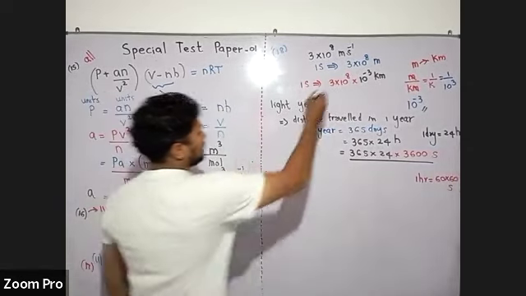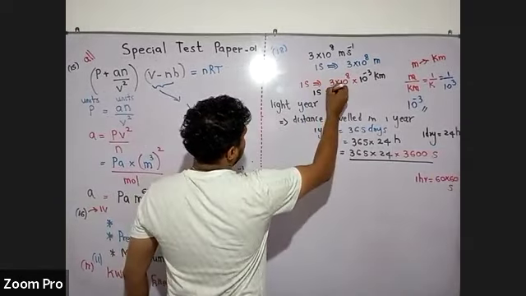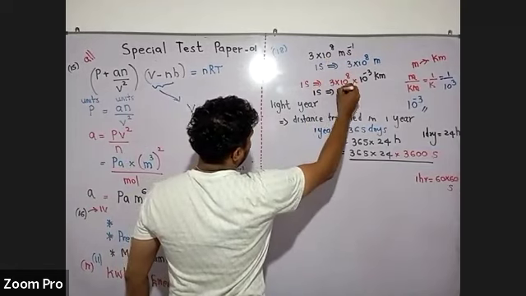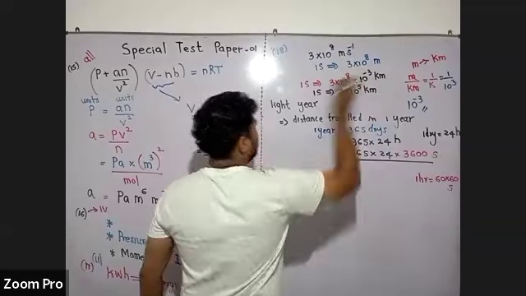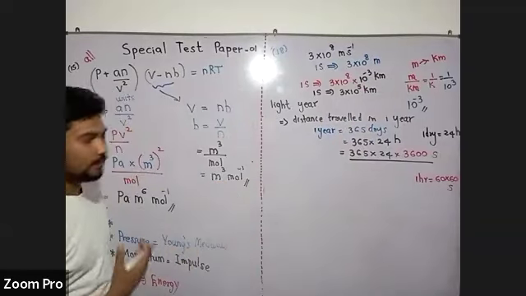According to this value, we know that light is moving 3 into 10 to the power 5 kilometers within 1 second.